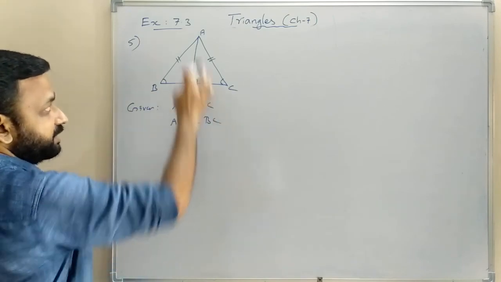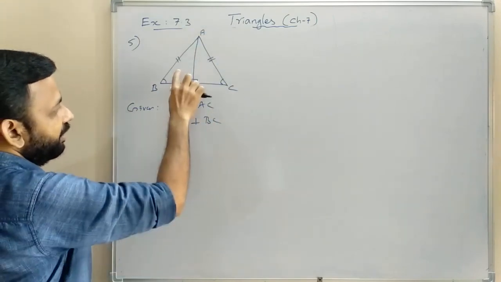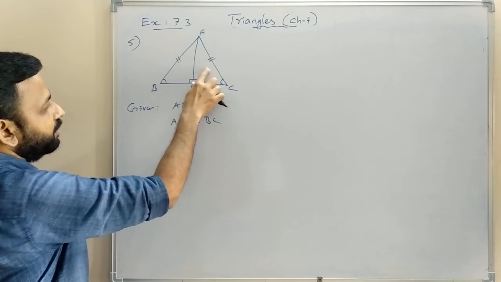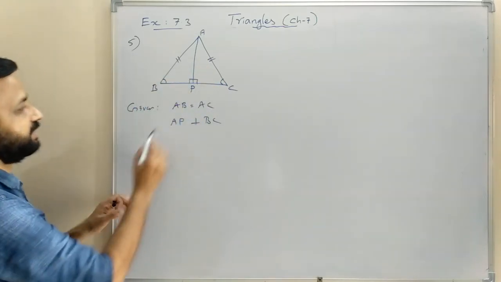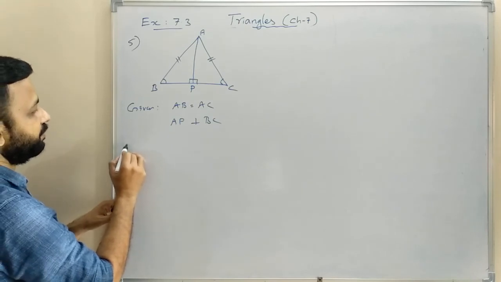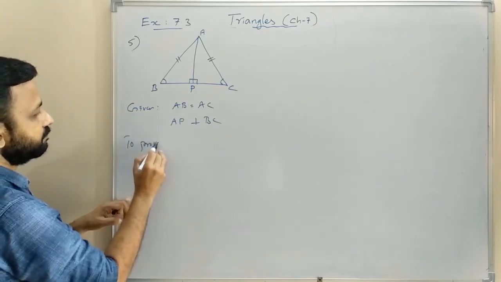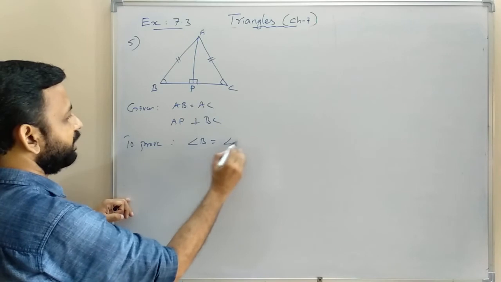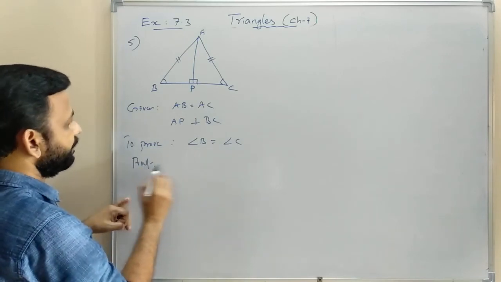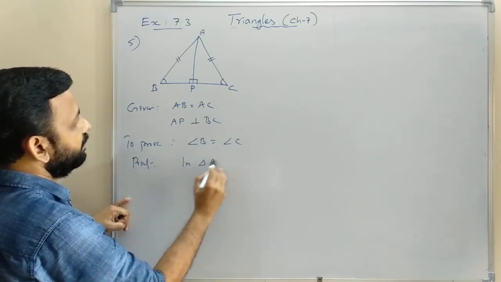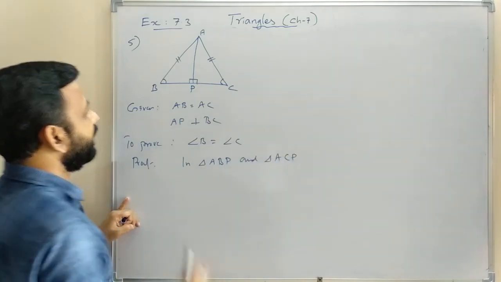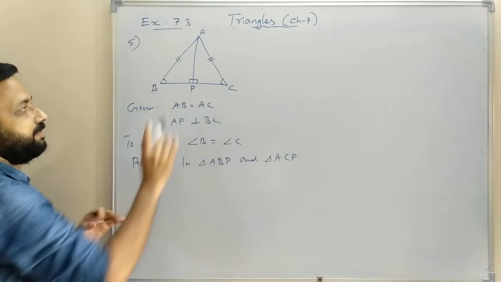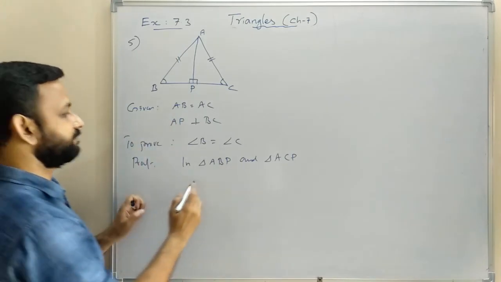AP perpendicular to BC, AB equal to AC. If we can prove these two triangles are congruent, then angle B equal to angle C, reason CPCT. So to prove angle B equal to angle C, proof: in triangle ABP and triangle ACP, both the triangles are right triangles.